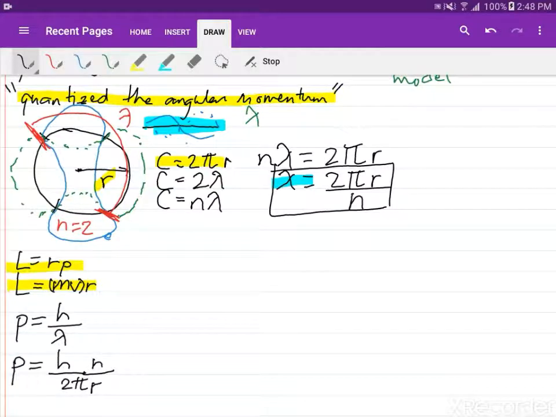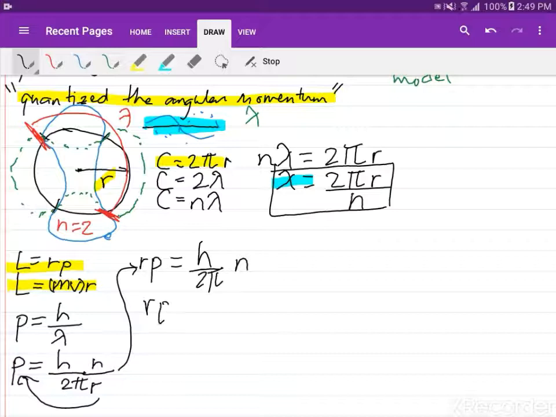Okay, so now we multiply this equation by r, and we get r times p equal to h over 2 pi times n.